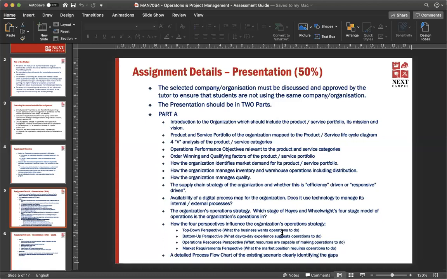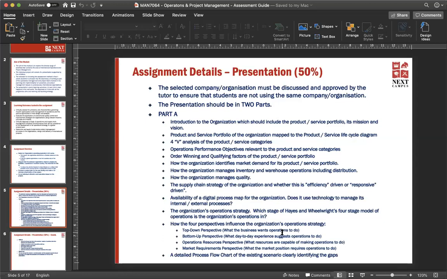Now more and more organizations, say for example supermarkets, realize that going forward, we will have to offer online services. If they had online services by now, they wouldn't be facing the problem that they're facing now.